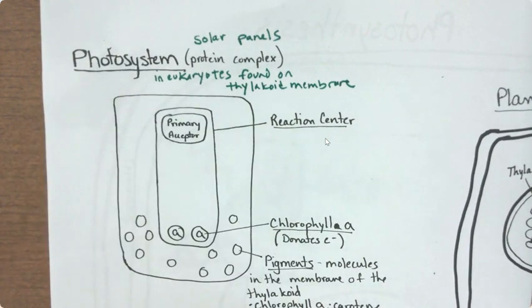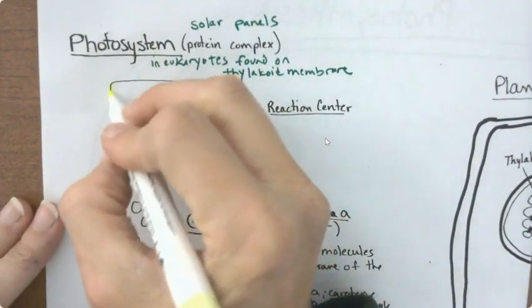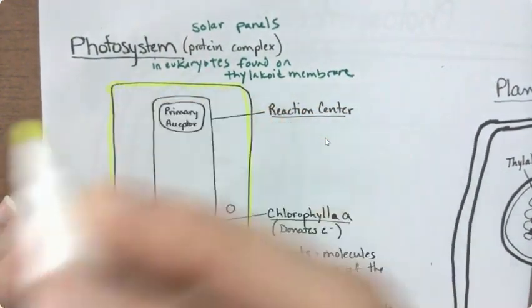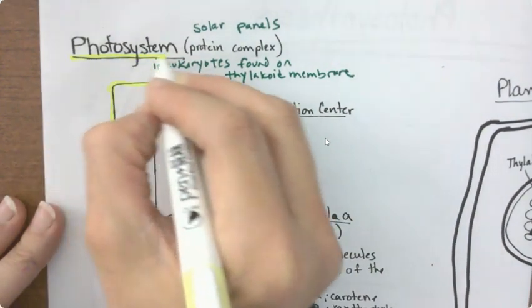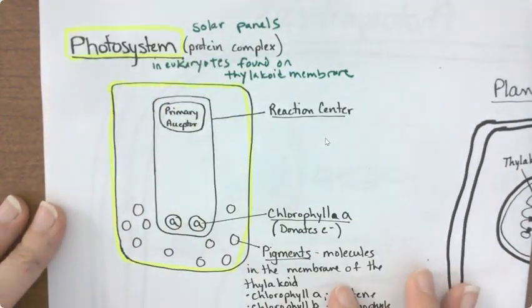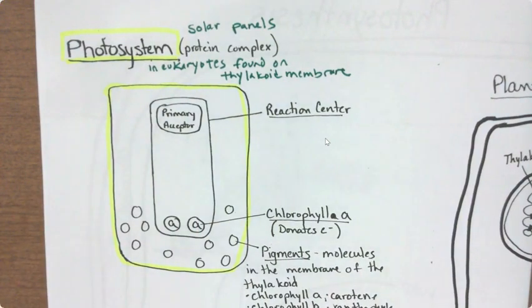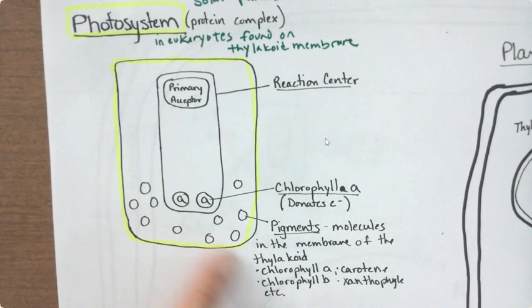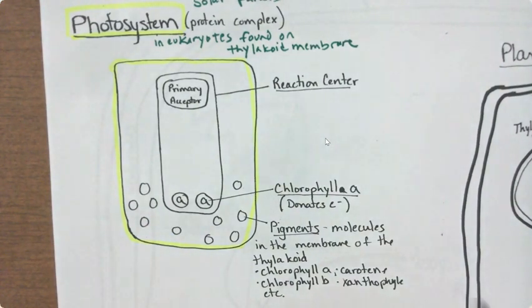So let's talk about a photosystem. This entire structure right here is an example of one photosystem. I thought we'd take the opportunity where we had more space to really look at what's in a photosystem. In a photosystem, we have embedded pigments. There's all sorts of pigments that you can find in a photosystem.